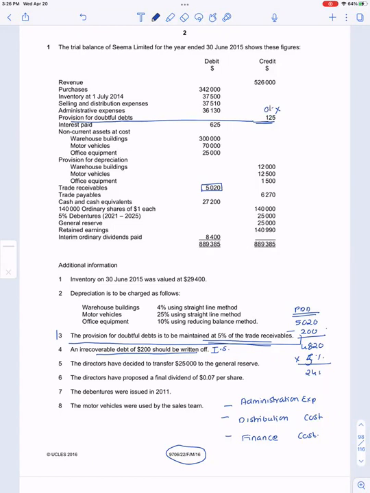So old one is 125. New provision is how much? 241. That means there is an increase in the provisions. How much? 116. It is a loss for you and you will record it as an expense.